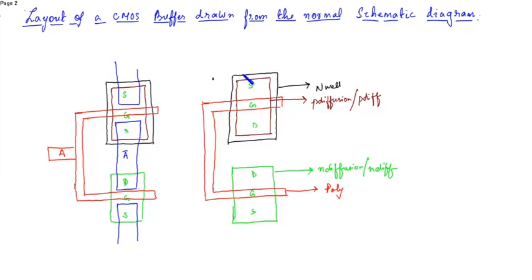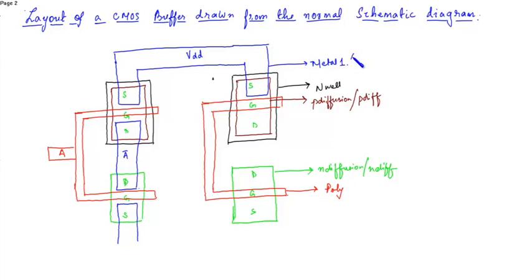The source of the PMOS is connected to VDD. Now these two are connected to VDD, so we can just connect these two. This is VDD, and this is metal 1, or say M1.